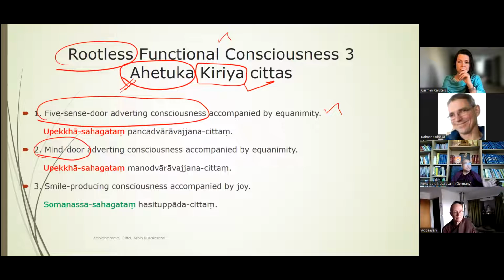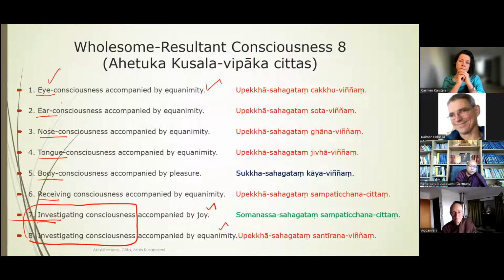Sometimes because we see, or hear, smell, taste, feel or experience something, a lot of thought processes continuously appear in your mind.